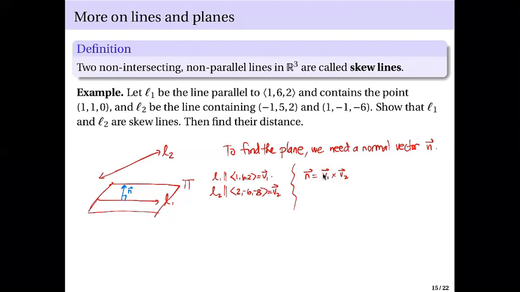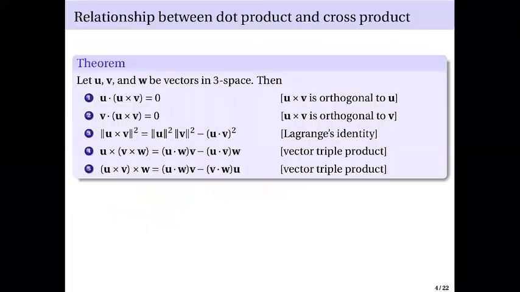Correct? So why are we taking the cross product of V1 and V2? If we go back to this property here, U dot U cross V is equal to 0, so U cross V is orthogonal to U. V dot U cross V is also equal to 0, so U cross V is orthogonal to V.